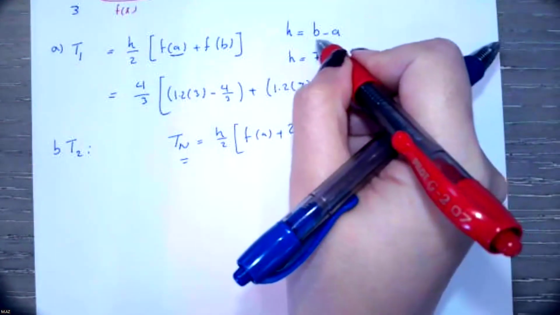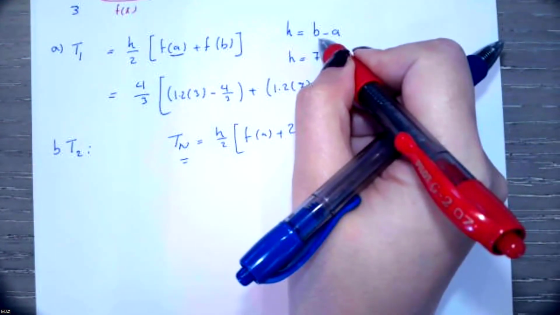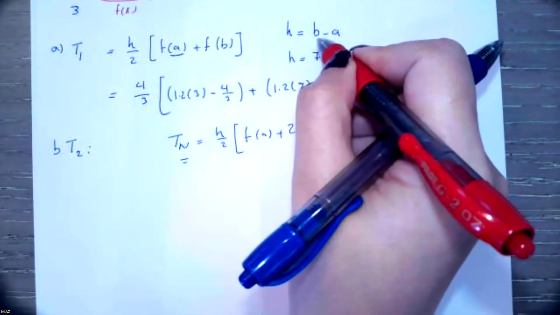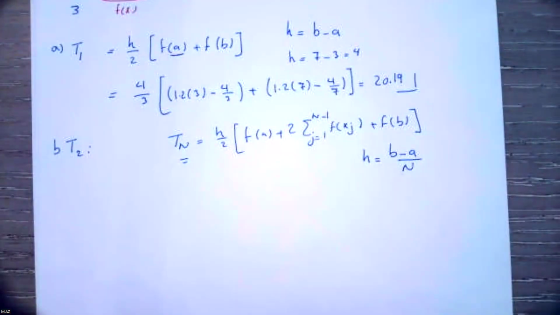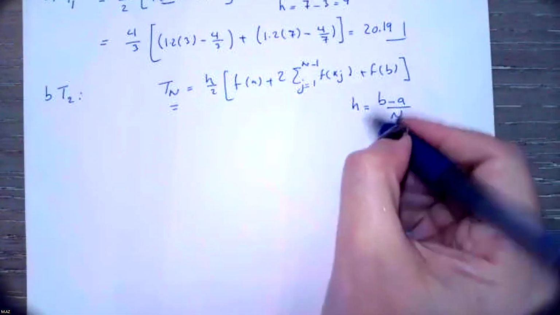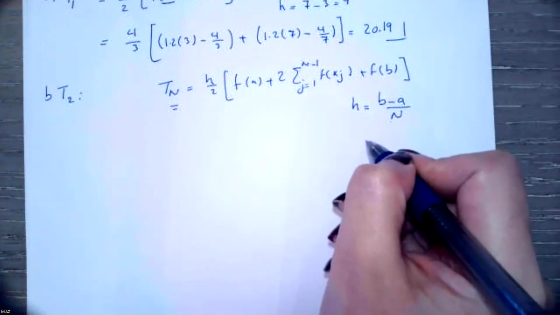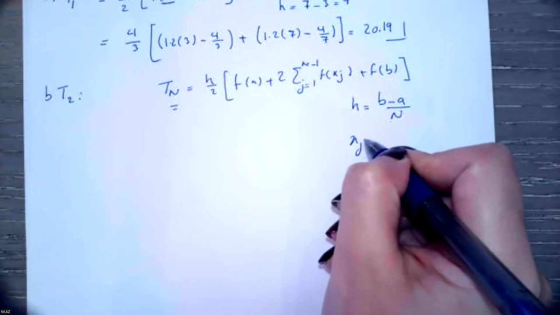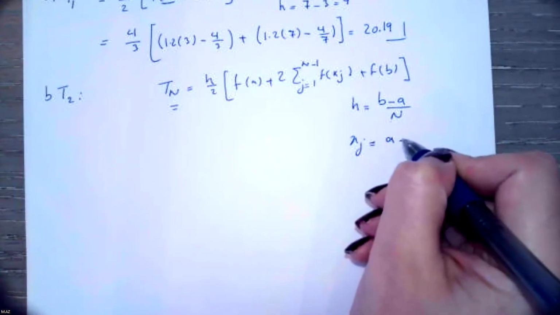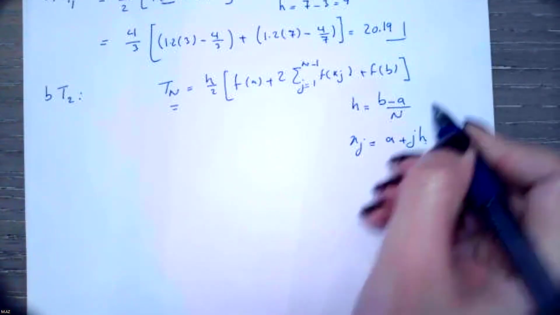But for the single panel, we have h equal b minus a. And x of j is found as a plus jh.